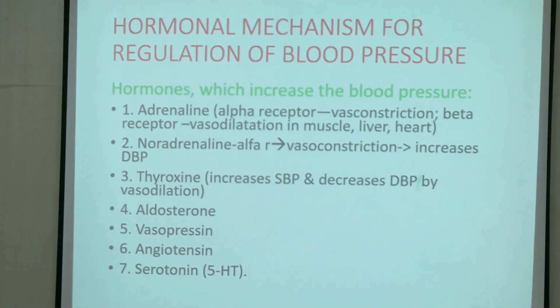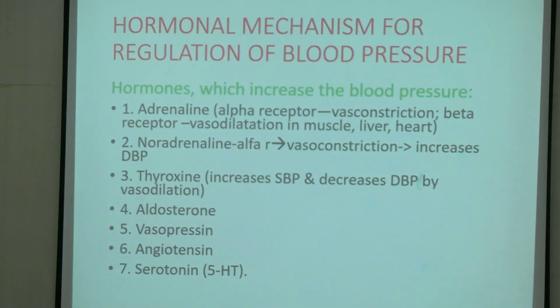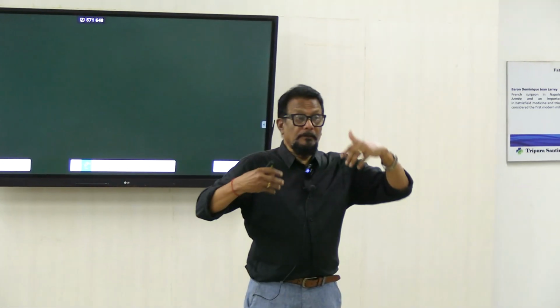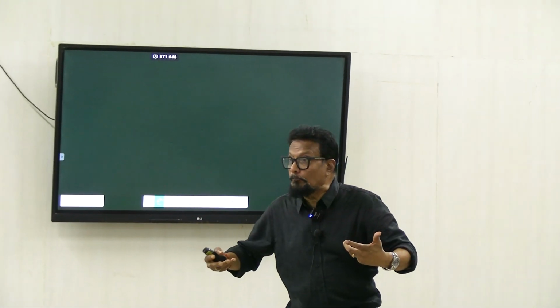How? Systolic blood pressure, it increases the cardiac activity. By that mechanism, it increases systolic blood pressure. And diastolic blood pressure, why is diastolic pressure decreased? Diastolic pressure is decreased because thyroxine causes increased metabolism in our body.